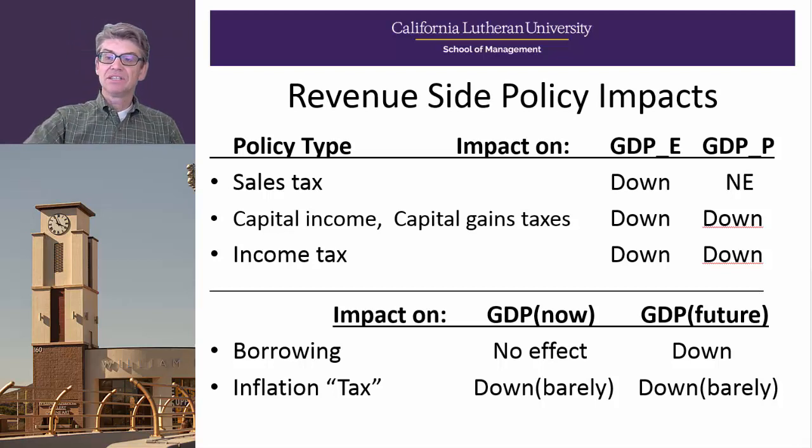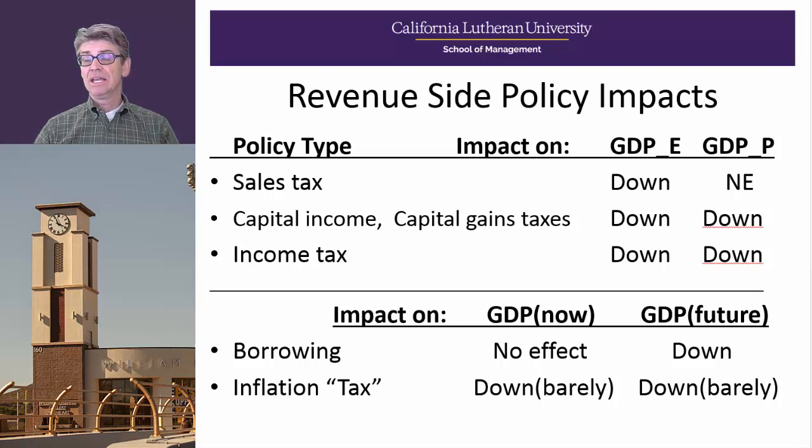And then it says impact on, and there's a column for GDPE, or think of it intuitively as short-run GDP. And the last column is GDPP, or think of that intuitively as potential or long-run GDP. So the short-run impacts of raising any one of these three types of taxes is that GDP would go down, right?